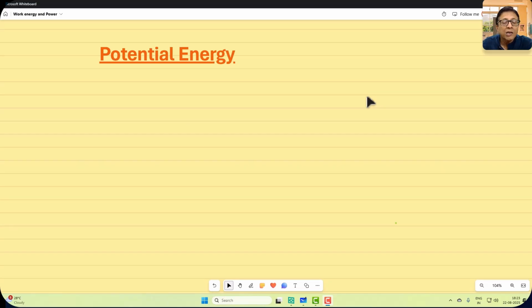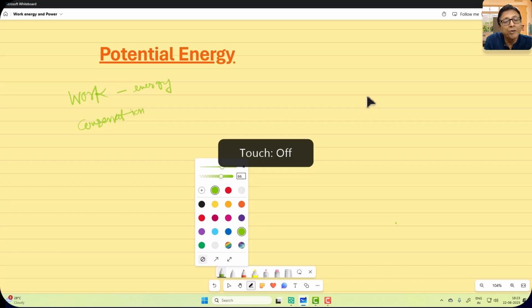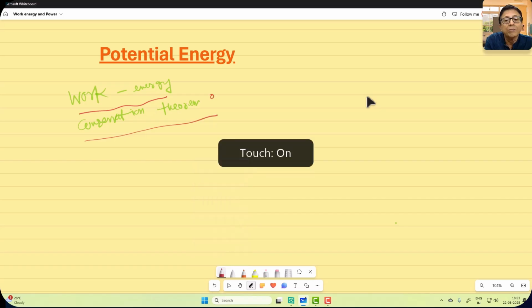Okay? Then what is potential energy and how does the concept of potential energy arise? To understand it, we have to go back to the work energy conservation theorem. Hope you all remember what the work energy conservation theorem is.